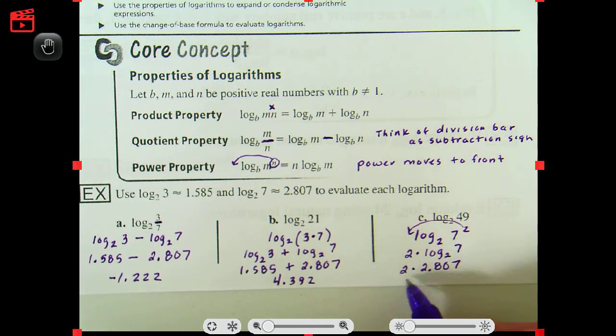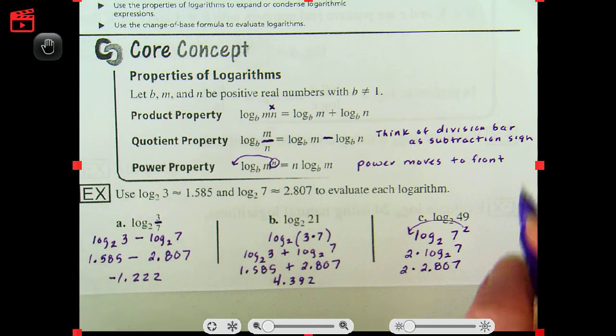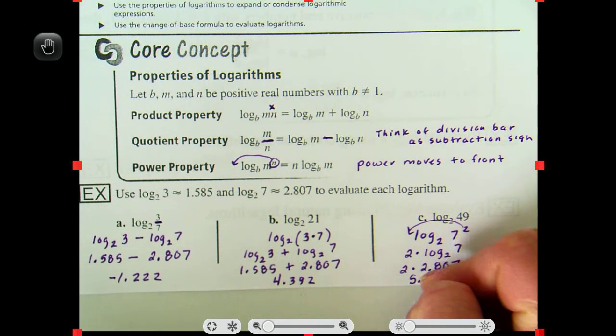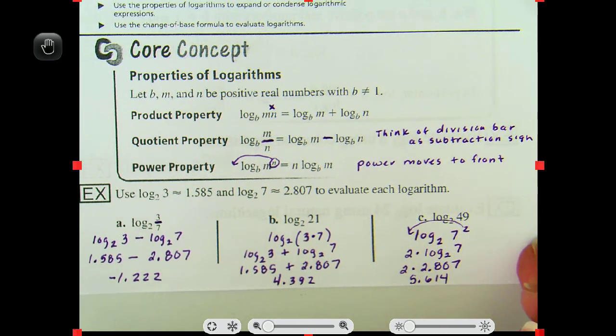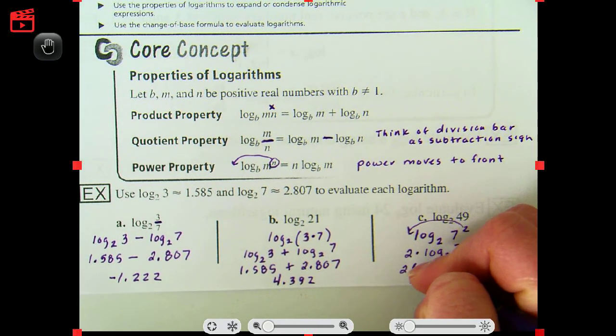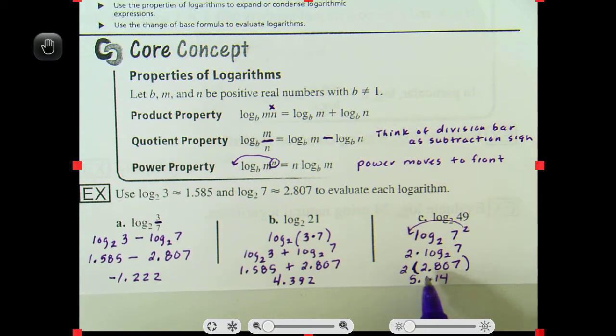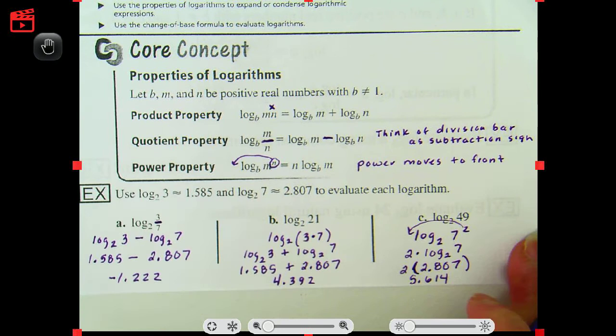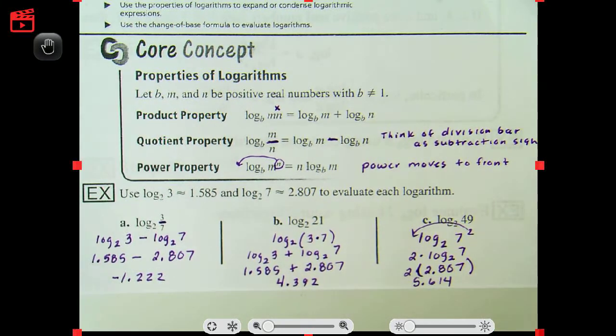So 2 times 2.807 would give me 5.614. I might actually just put that in parentheses because it looks a little weird since I have 2.807 and then I had that as my multiplication sign. Kind of looked like a double decimal. So just put that in parentheses to make it easier to see.